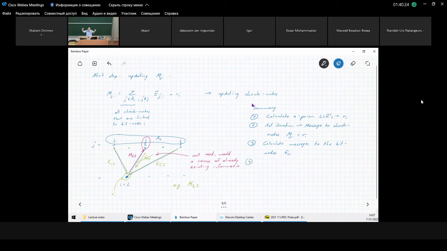And with this information coming from the check nodes back to the bit nodes, we can calculate the bit node LLR. So this was simply the a priori LLR plus, well, again, the sum of our EJIs.